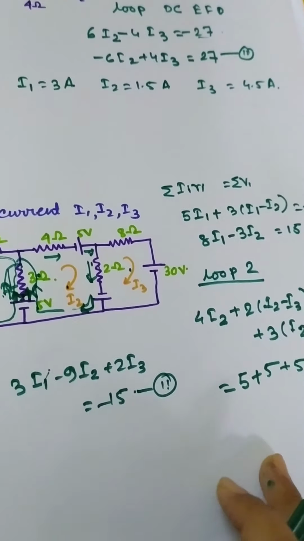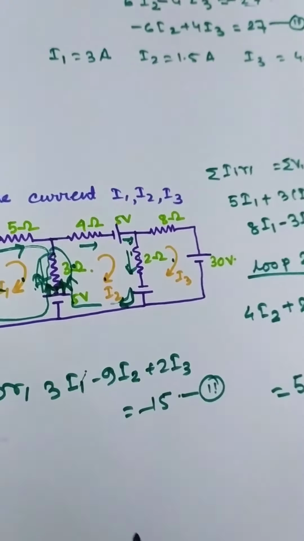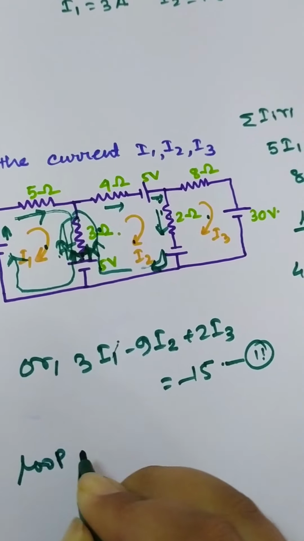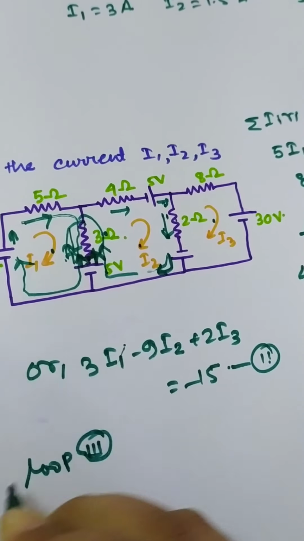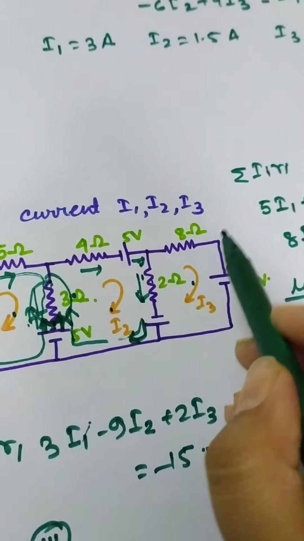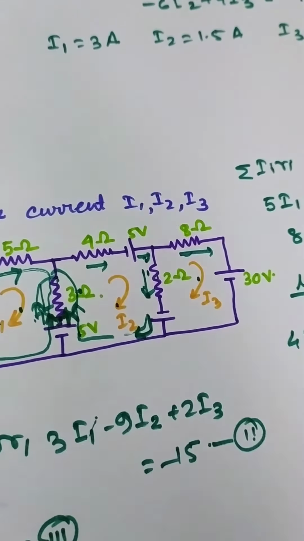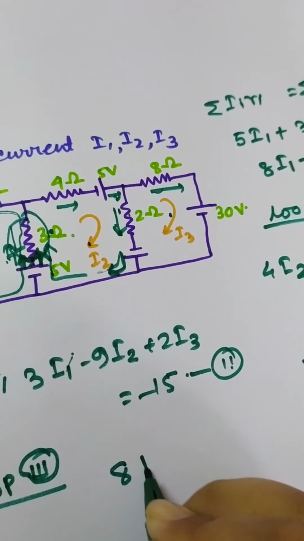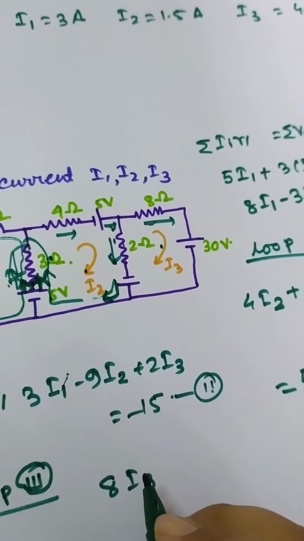Now one loop is left, that is loop number 3. For loop 3 also we can see that the current is I3. So for this resistance we can write 8 I3.